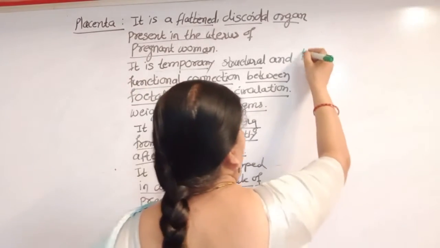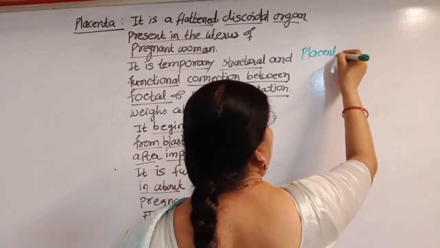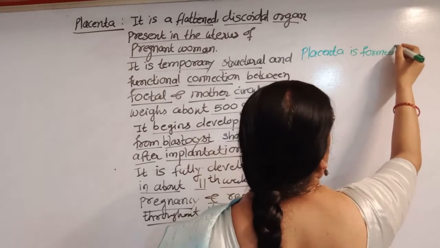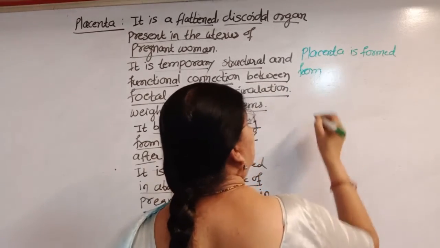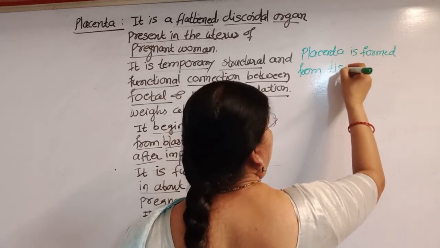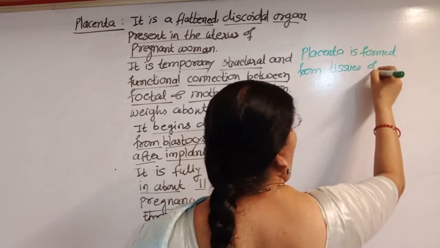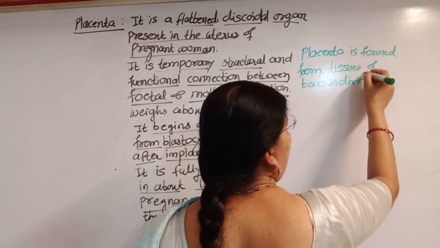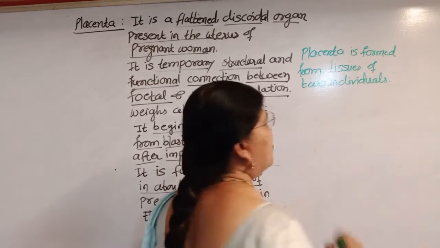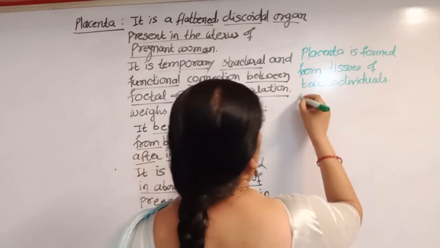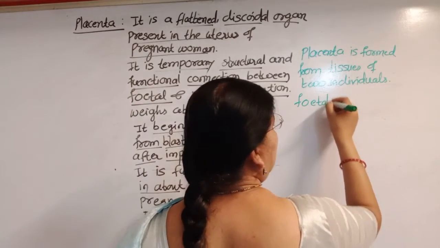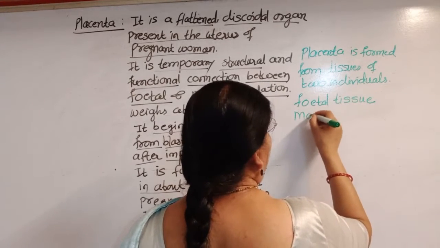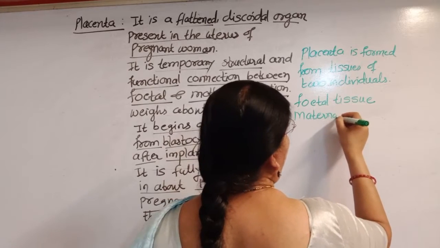So placenta is formed from tissues of two individuals. That is fetal tissue and the other part is maternal tissue.